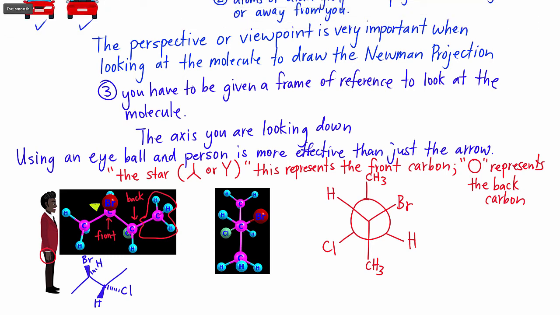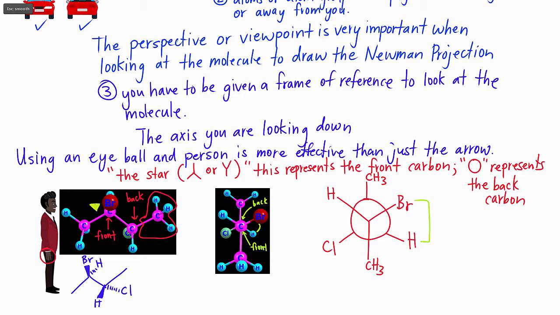This is your front, and back behind that, which you can't see, that's your back carbon. And notice how the Br of the front carbon and the H on the back carbon, they're on the same side.